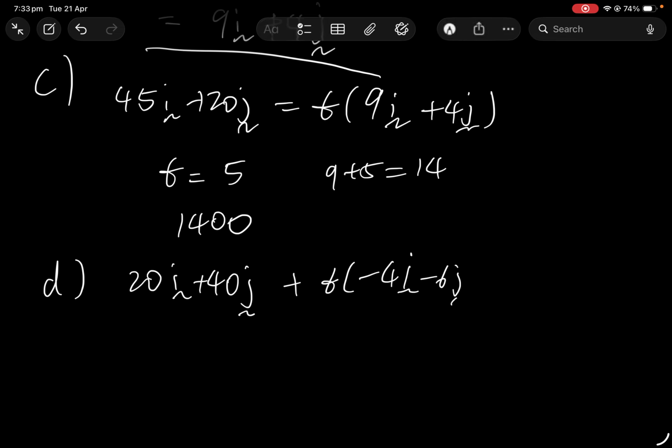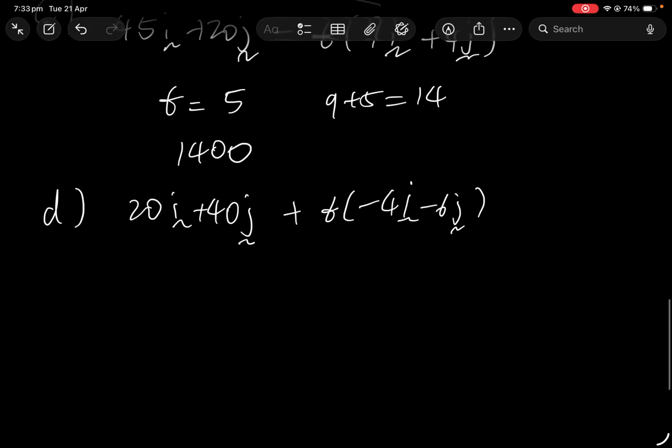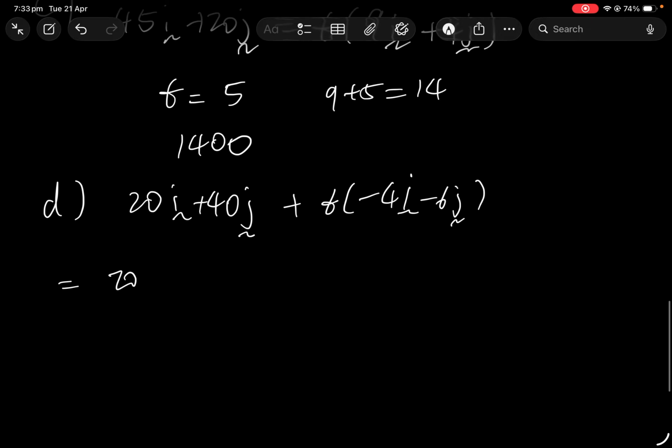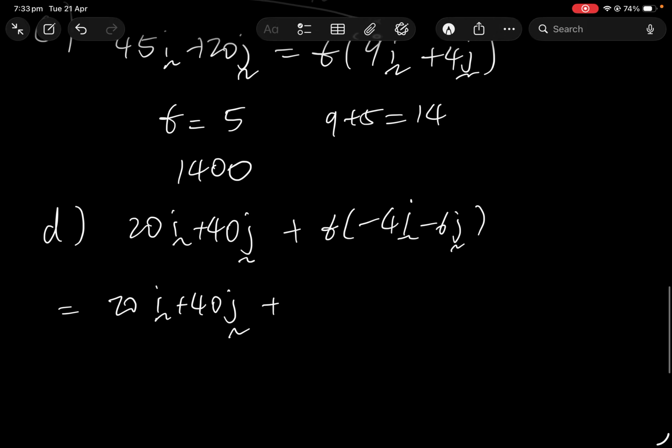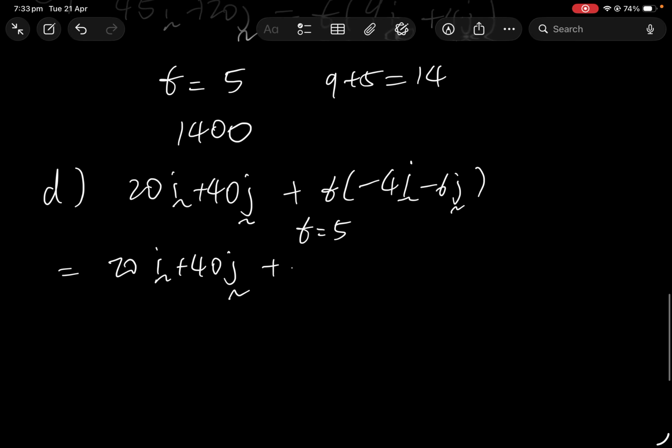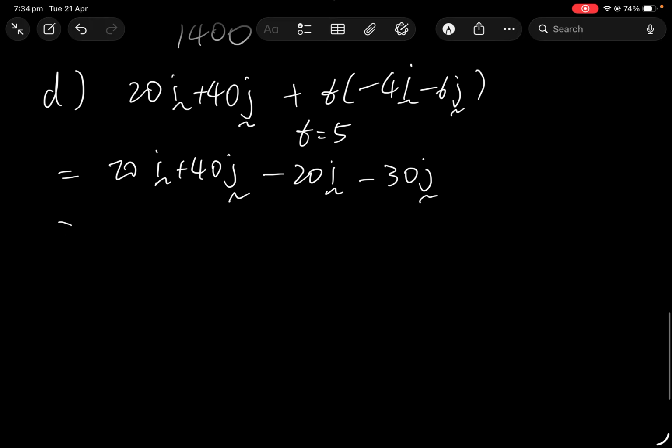Well, no, we're turning it into a position vector because velocity times time is just distance. So we do that, and it equals 20i plus 40j. And then because t is 5 from our last question, we take 20i, and then it will take 30j. And this will leave us with 10j. So that's the position vector where they will meet.